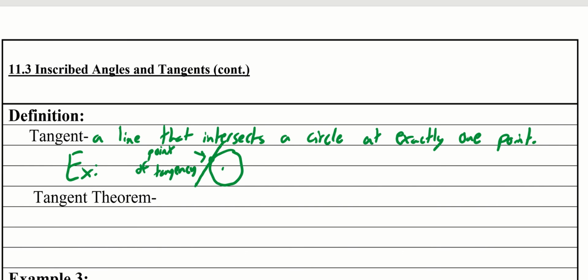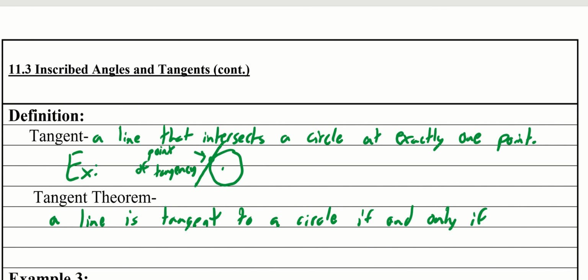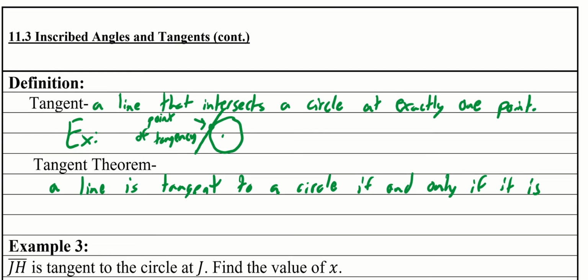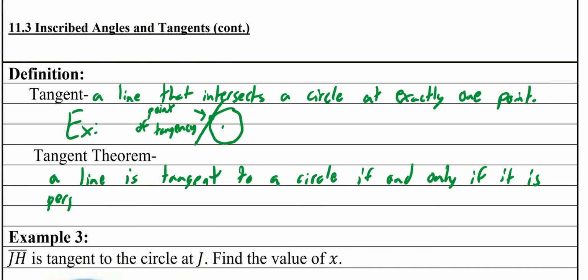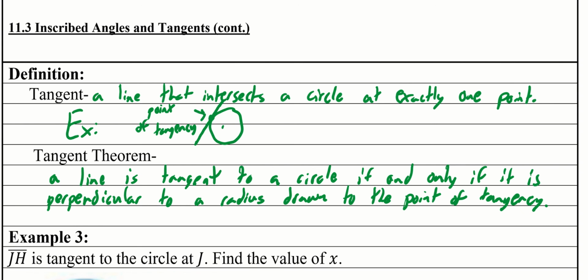We can say a line is tangent to a circle if and only if it is perpendicular to a radius drawn to the point of tangency. Okay, a kind of long, wordy theorem here, but we'll talk through what it means. And we've seen that phrase before.